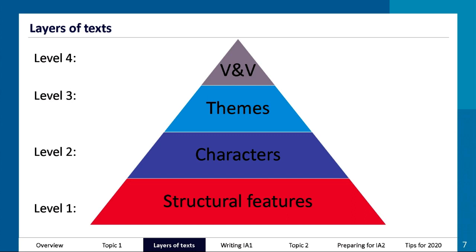So if you're doing a film as your adaptation or your second text for this task, then you can think about the diegetic sound and the camera angles, the mise-en-scene, all the fancy filmic devices, or dramatic devices for plays, poetic devices for poems, all that good stuff. This is analysing the core of the text and the constituents of the text.